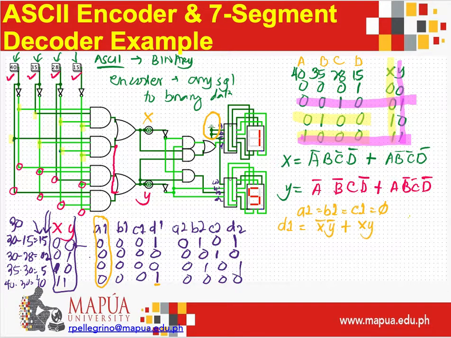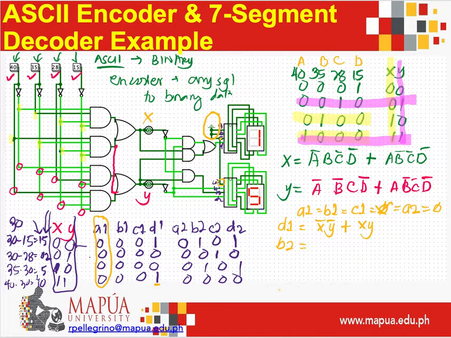And for A2, A2 is also equal to 0. So let's edit this one. As you can see, our A2, which is this one, is connected to the ground, or 0. How about B2? Let's try out the K-map for B2.